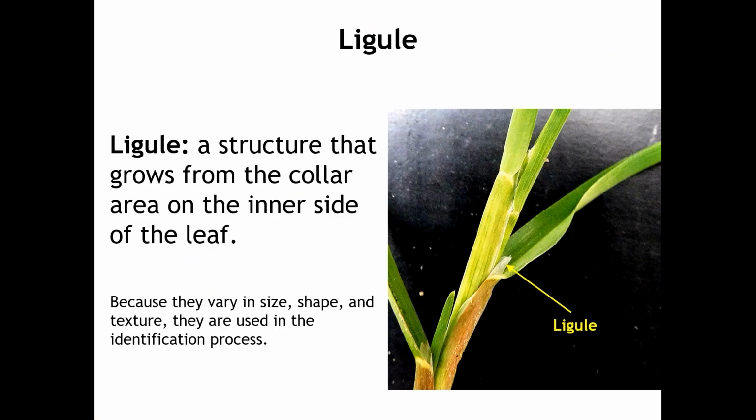Then one of the prominent features that help us identify grasses is the ligule. Now, what is a ligule? It is a structure that grows from the collar area on the inner side of the leaf, and they are of different shapes and sizes and texture. And let me tell you that not all grasses have ligules, but for those that do, here's a plant, annual bluegrass in this case, and you can see a very prominent ligule.